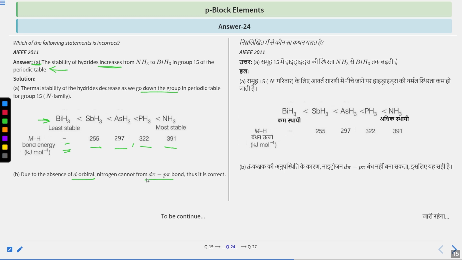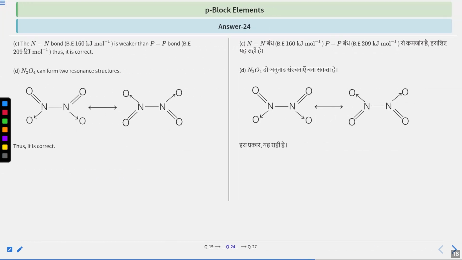Now, if you look at the C option, the nitrogen-nitrogen bond is weaker than the phosphorus-phosphorus bond. You can see the bond energy of nitrogen-nitrogen is 160 kilojoule per mole, and for phosphorus-phosphorus it is 209 kilojoule per mole. It is given in the C option that the nitrogen-nitrogen bond is weaker than the phosphorus-phosphorus bond, which means it is the correct statement.